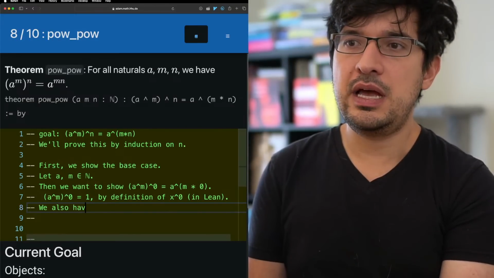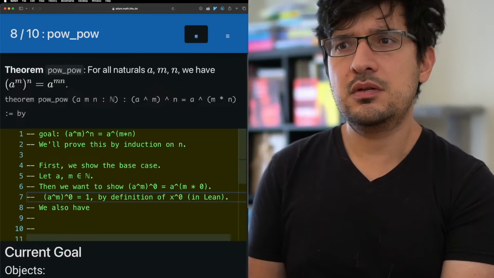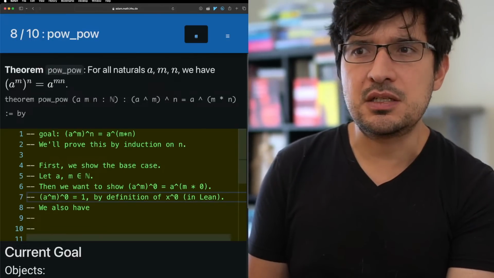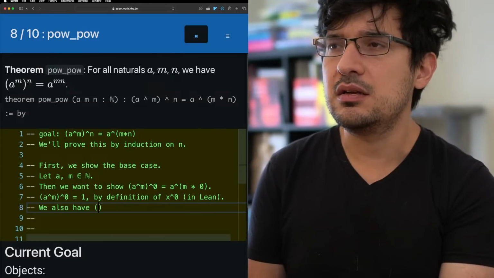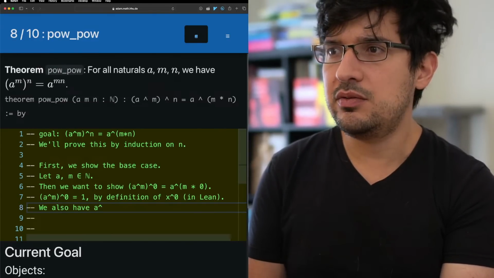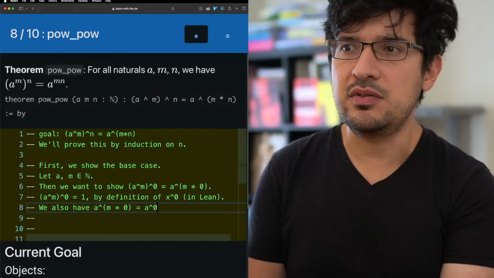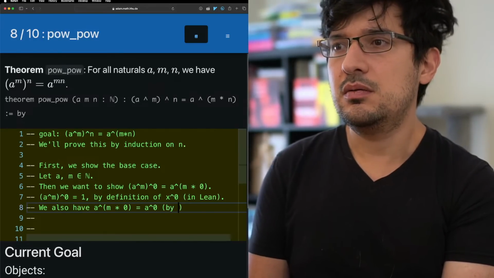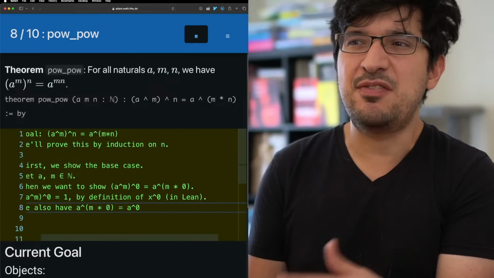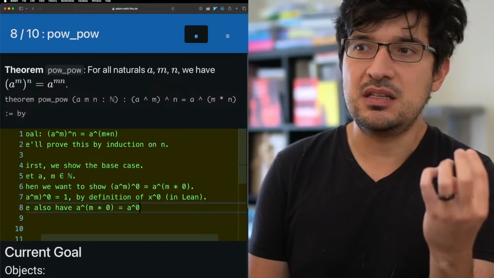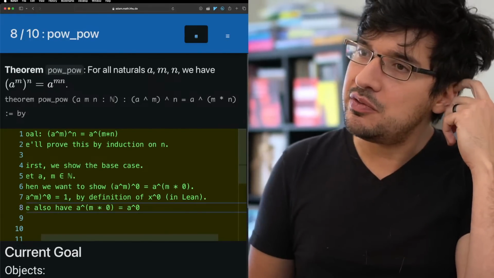We also have, let's say that this would not be centered, the right-hand side, a raised to m times 0 equals a raised to the 0. You don't need to write every single little detail, like by multiplication of 0, m times 0 equals 0.